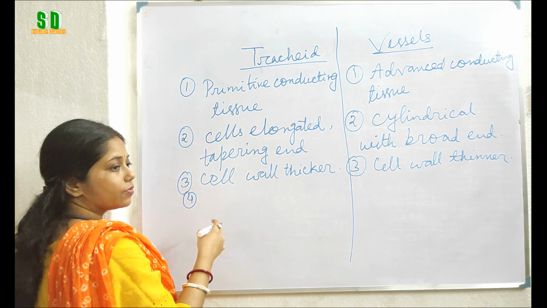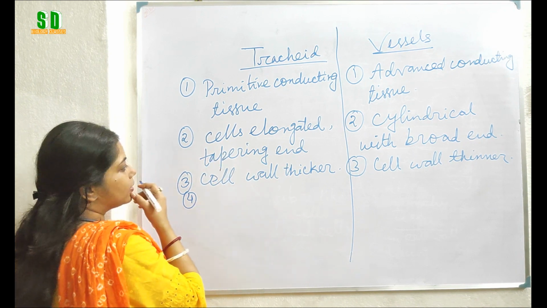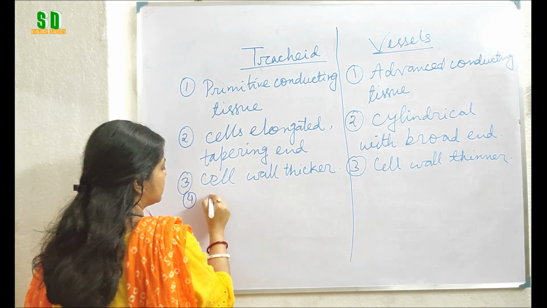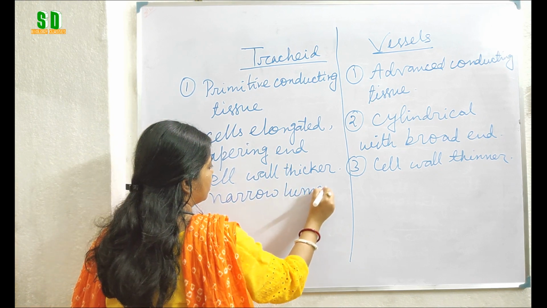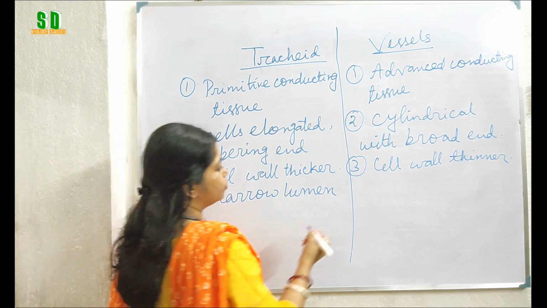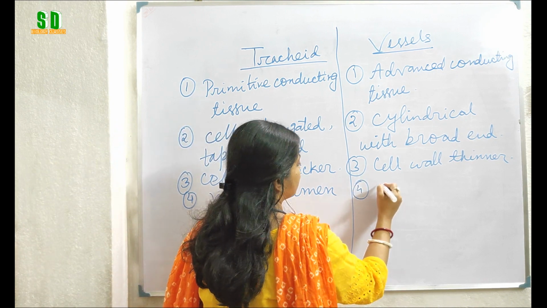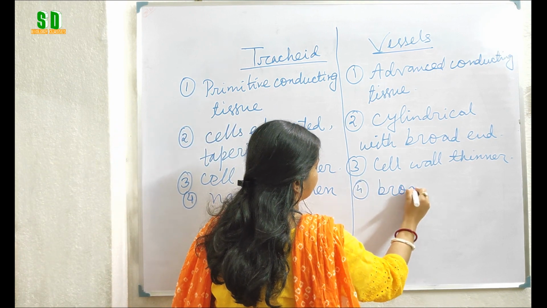As the cell wall is very thick, the lumen of the cell is narrower. So the trachea has a narrow lumen, whereas the lumen of the vessels is broader.